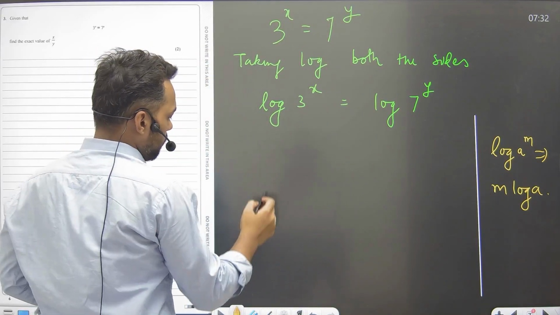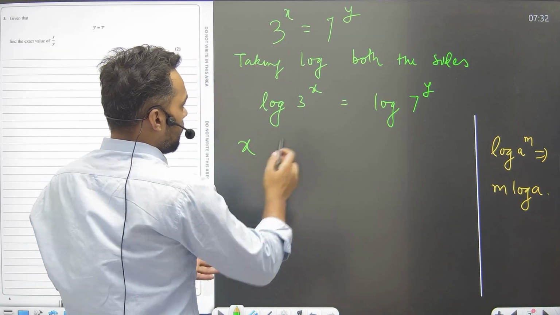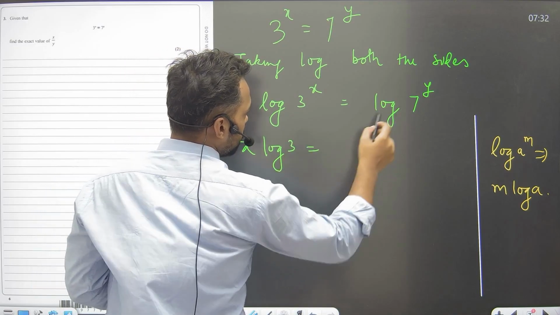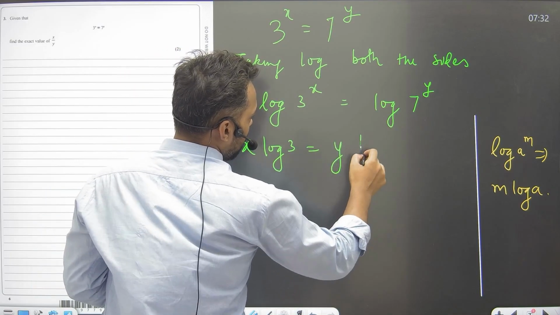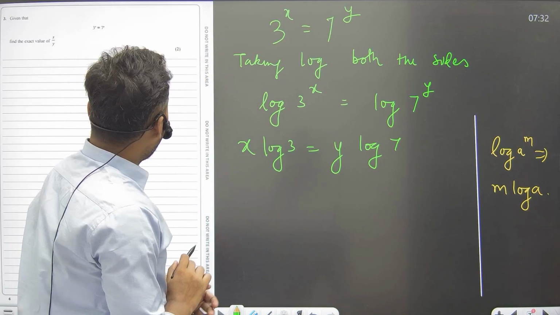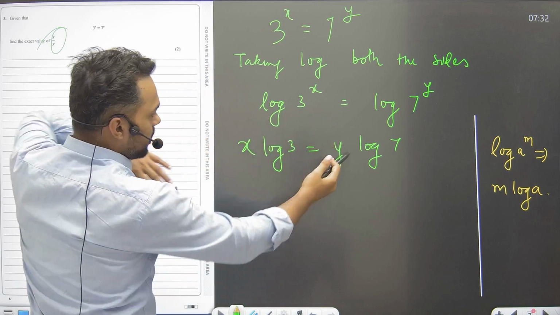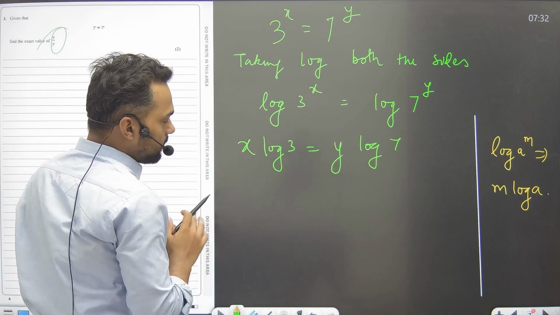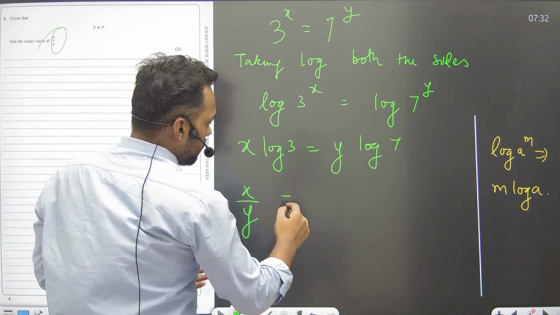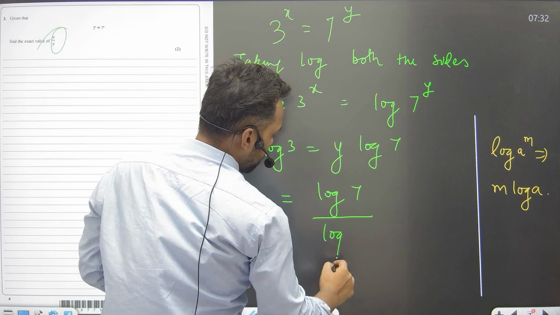So here, this power x can be written here, cross log of 3 equals y log of 7. Now we need to calculate the value of x by y. So taking y to the denominator part of the left hand side, you will get x upon y equals log of 7 upon log of 3.